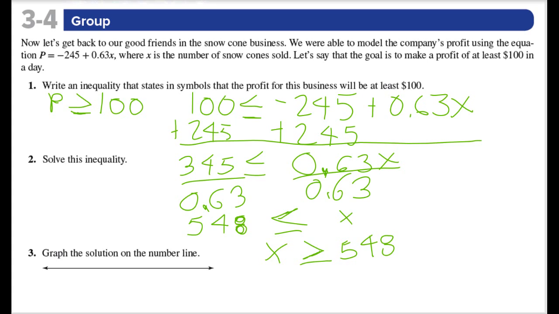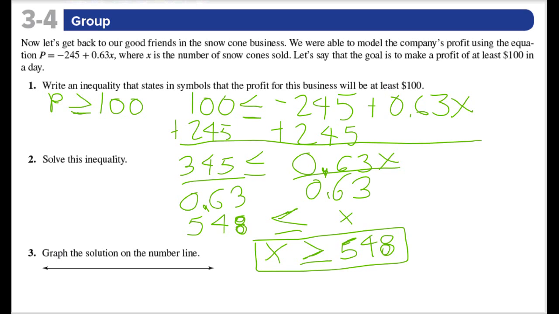And you'll notice I changed the sign as well, because instead of saying I want 548 to be less than x, I'm now saying I want x to be greater than 548. Those are really the same thing. If x is greater than 548, then 548 has to be less than x. So that's really a third way that the inequality can change.